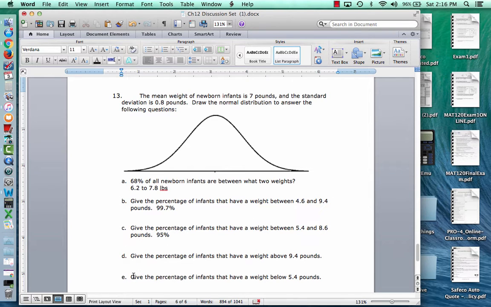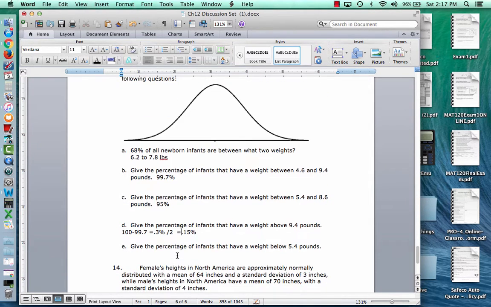Well, 99.7% isn't all of it, so if you do 100 minus 99.7, that gives you 0.3%. And that's the percentage that is either below 4.6 or above 9.4. And the bell curve is symmetric, so if we just want the percent above 9.4 and not above or below, then we just divide it by 2 and we get 0.15%.